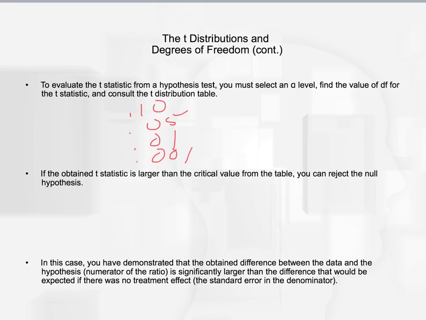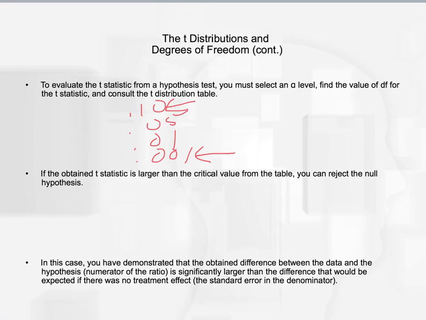The larger the alpha level, the greater the risk of making a type 1 error. The smaller the alpha level, the less risk there is of making a type 1 error, but the greater risk there is of making a type 2 error. So make sure you understand the trade-off between type 1 and type 2.